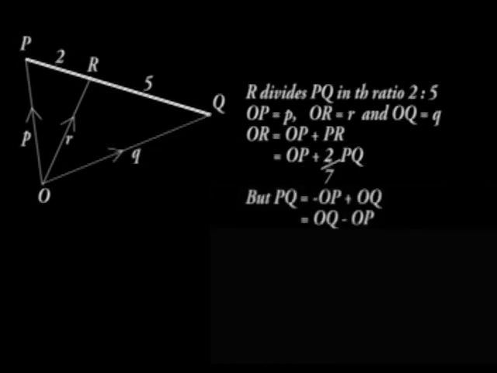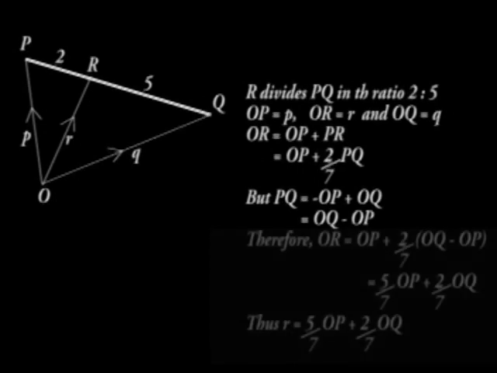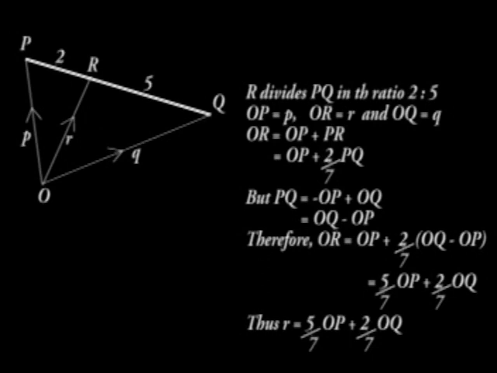But PQ is equal to minus OP plus OQ, which is equal to OQ minus OP. OP is in the opposite direction, and thus PO is negative. Therefore, OR is equal to OP plus 2/7 (OQ minus OP), and thus R is equal to 5/7 OP plus 2/7 OQ.